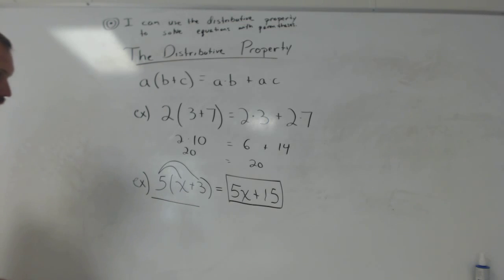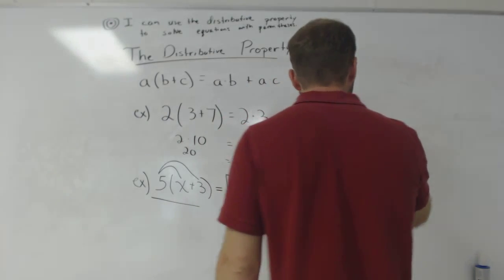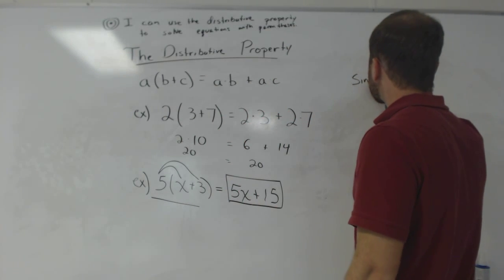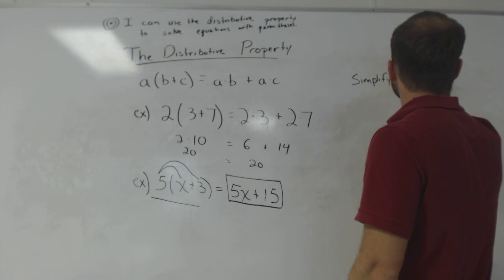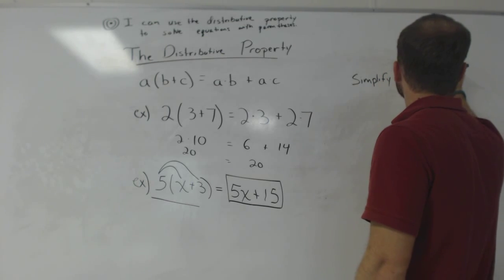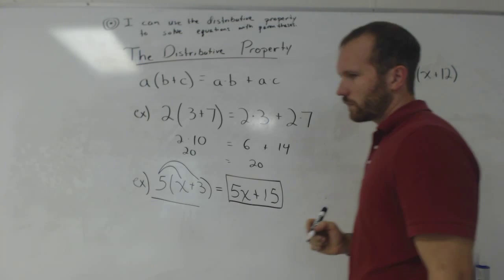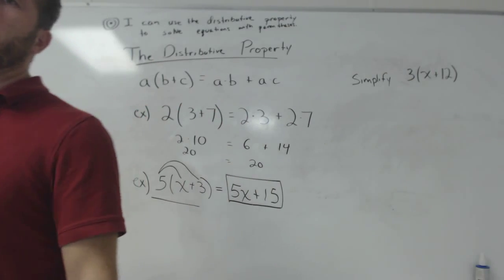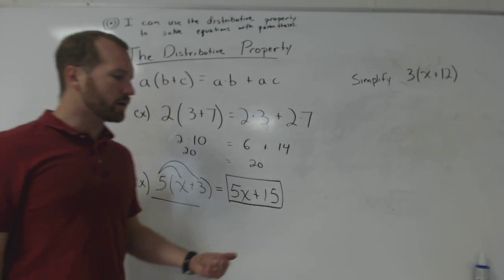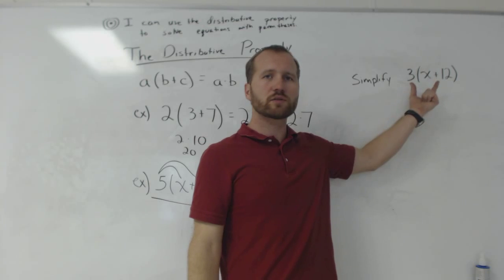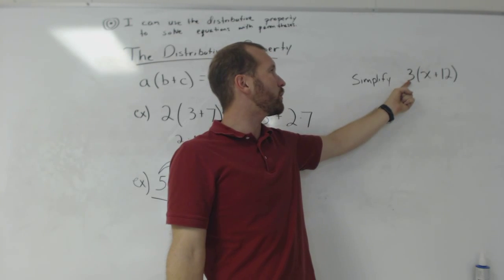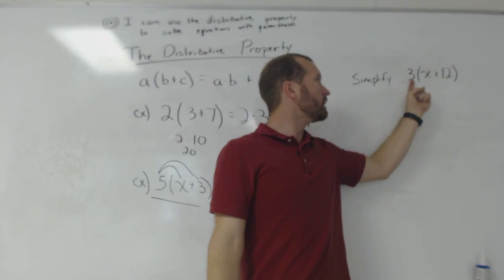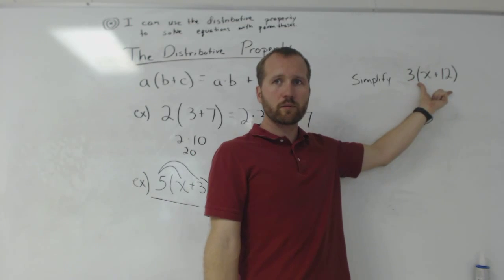Okay? So an example of a problem you might see would be something like this. Simplify 3 times (x plus 12). How would you simplify that? What do we notice? Does this look like something we could use the distributive property on? Yes. We have something outside the parentheses that's multiplied times two things inside the parentheses.